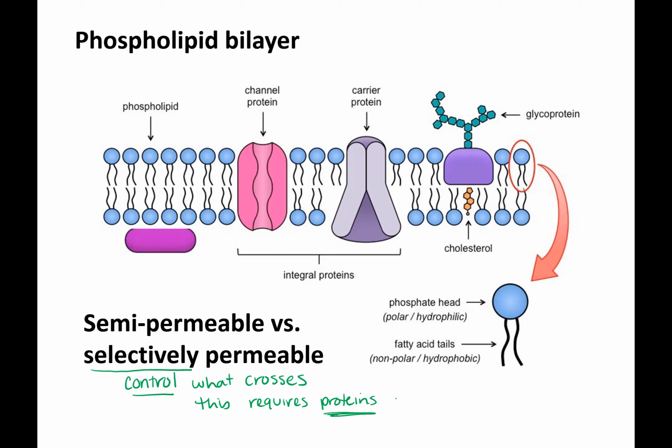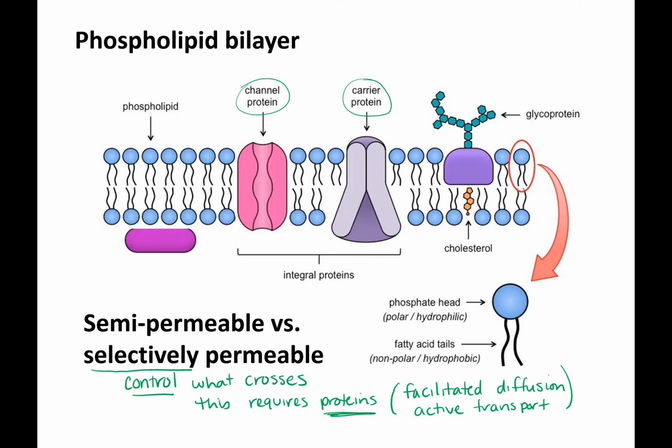So this means that we're going to be talking about facilitated diffusion and active transport. This is how most molecules cross the membrane. They need some kind of protein.